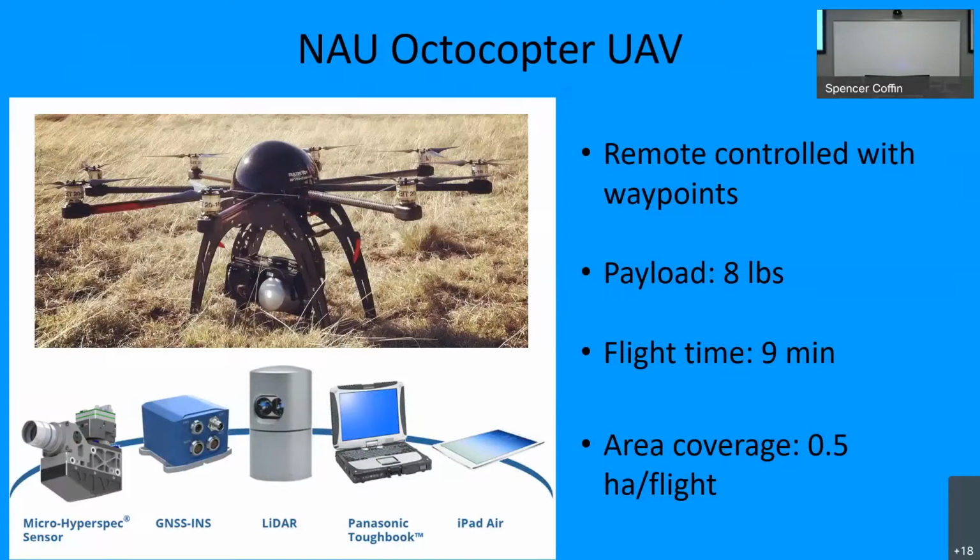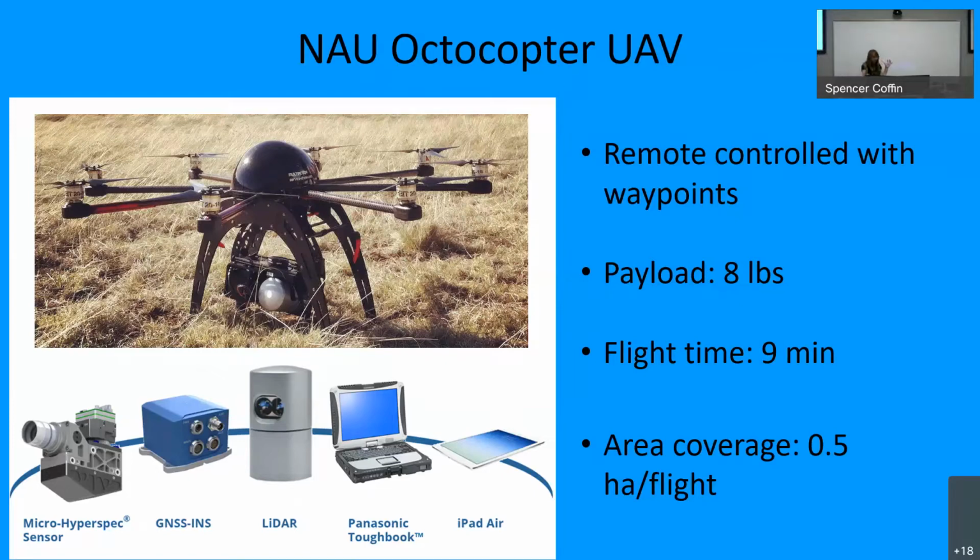So in comparison, our phones, when we take an image, for example, it gives us 3 spectral bands. But this sensor gives us about 200 or so spectral bands. I have a GNS INS on this, and then I also have a Velodyne LiDAR sensor that I operate on this.